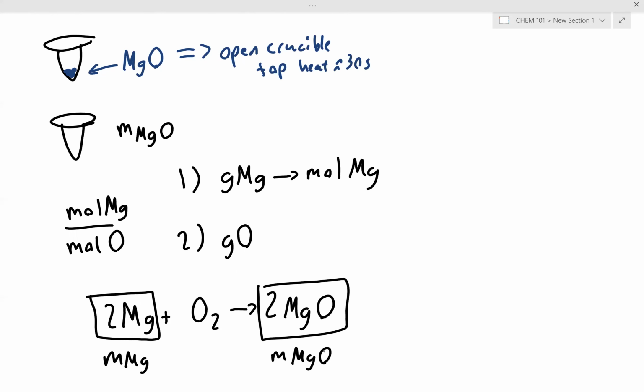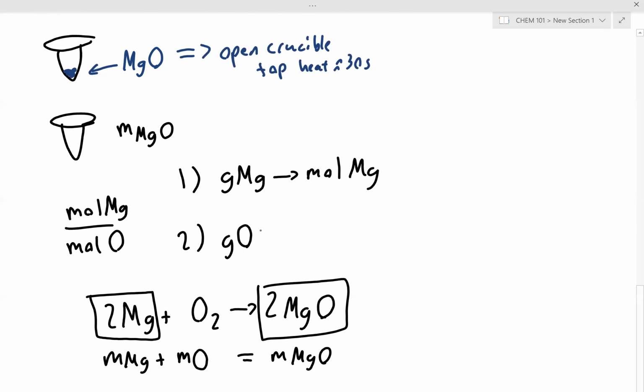What was incorporated in this reaction? Oxygen, right? So then, by conservation of mass, the final mass of our magnesium oxide is going to be equal to the mass of magnesium plus the mass of what? Oxygen. Plus, and I'm going to write this as the mass of just normal atomic oxygen, since all the mass of oxygen incorporated in our product came from oxygen in our air. Okay?